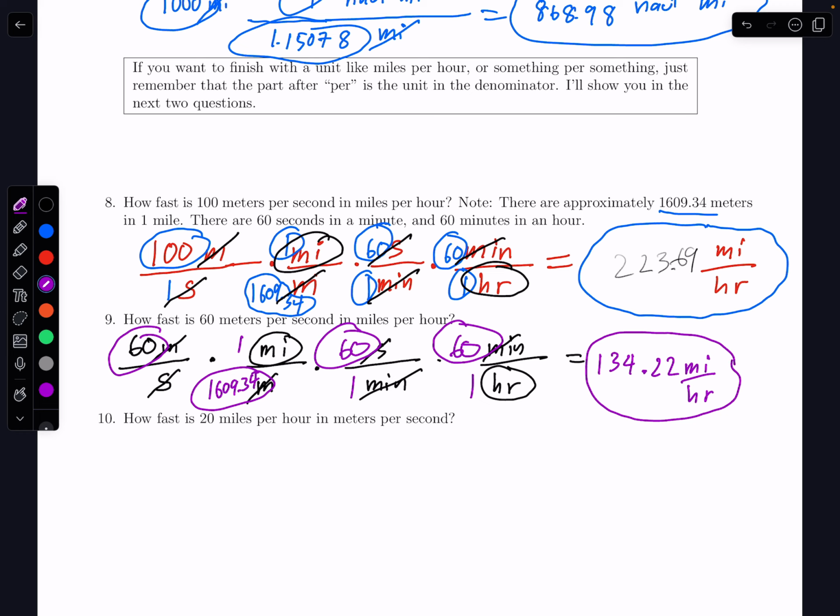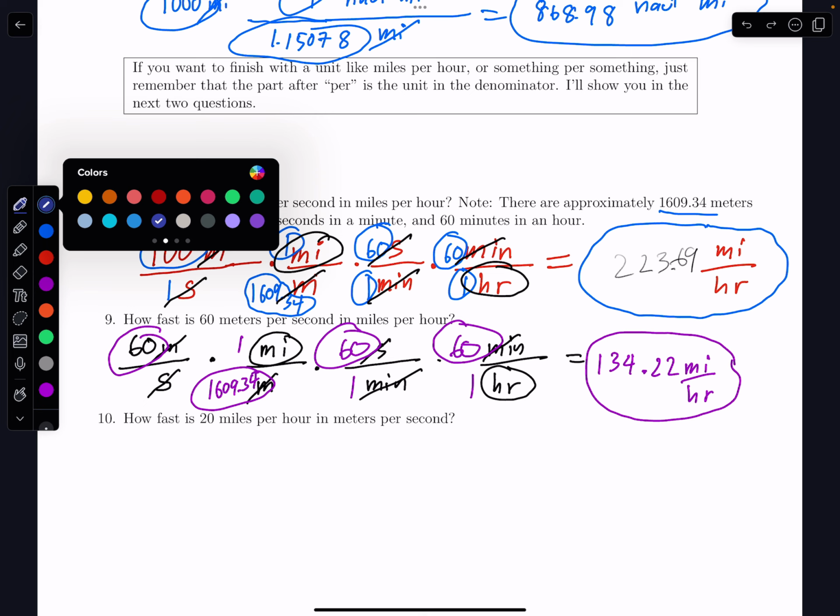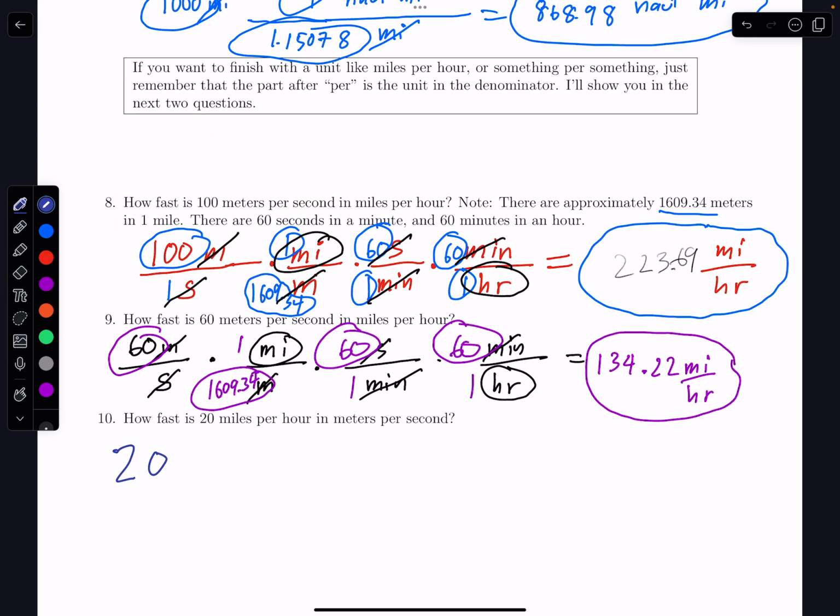How fast is 20 miles per hour in meters per second? So this time, we're starting, let's use a new color, with 20. I just ended up with black. 20 miles on the top per hour on the bottom. And I want to get all the way to meters per second. So how am I going to get there? Let's take care of the miles first. I want miles to end up as meters.